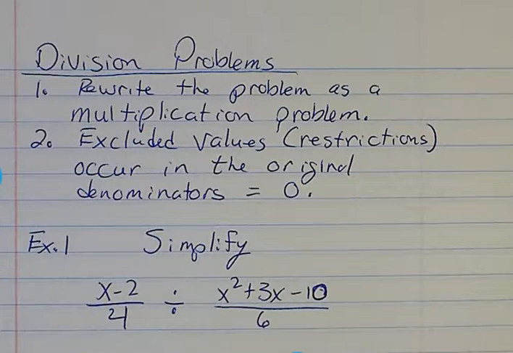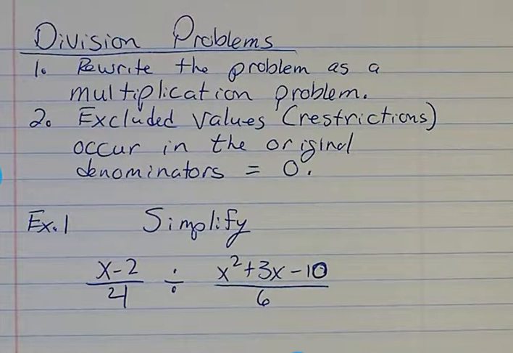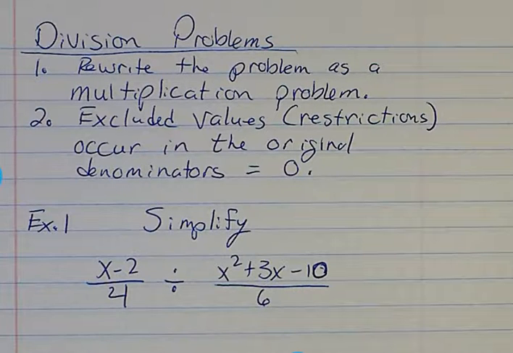Okay, so for this one, let's go with x minus 2 over 4 and divide that by x squared plus 3x minus 10 over 6. Okay, so for this one, we're not going to do anything with excluded values.